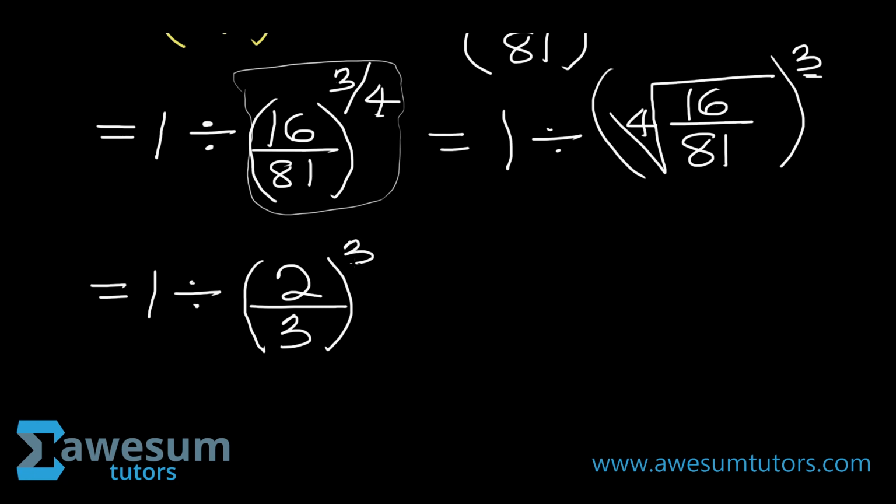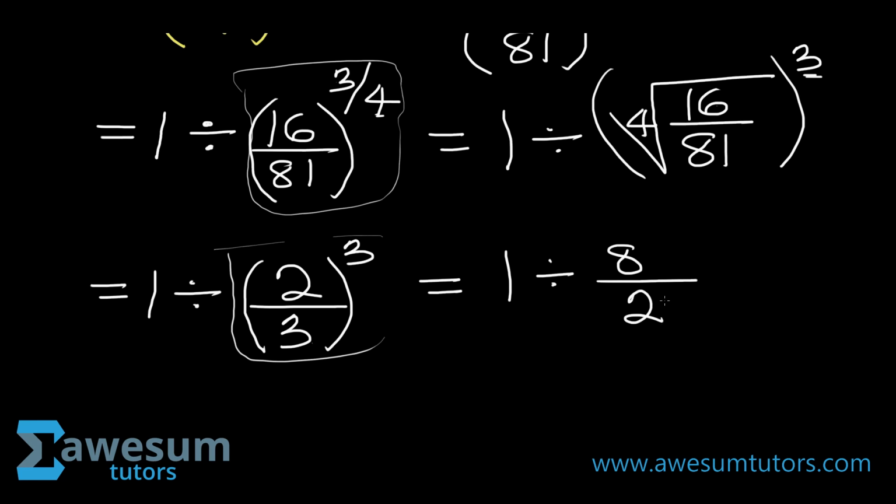Now the next thing I'm going to do is retain this division because I want us to simplify this part first before we change the division sign to multiplication. What do we have right here? 1 divided by 2 raised to the power of 3 is going to give us 8, over 3 raised to the power of 3, which is 27.